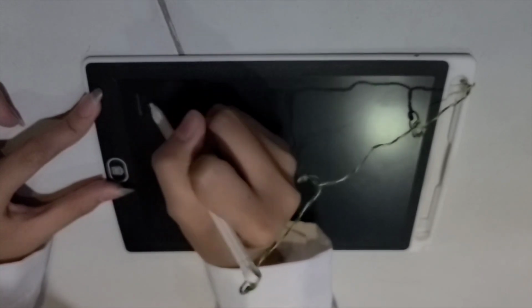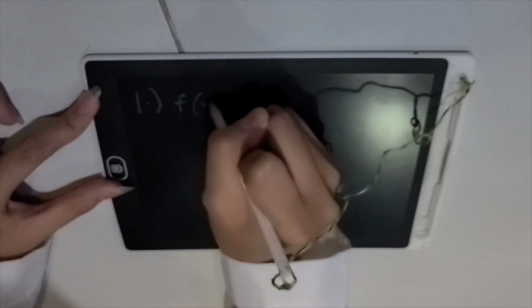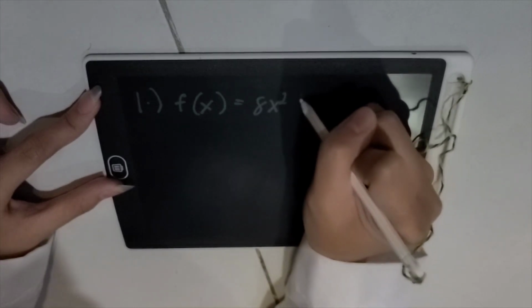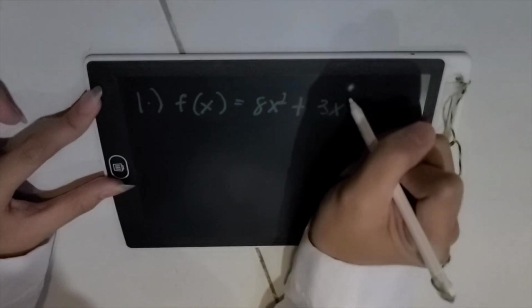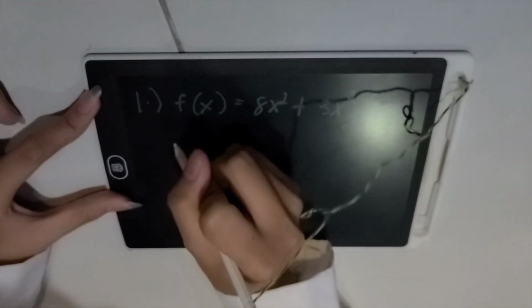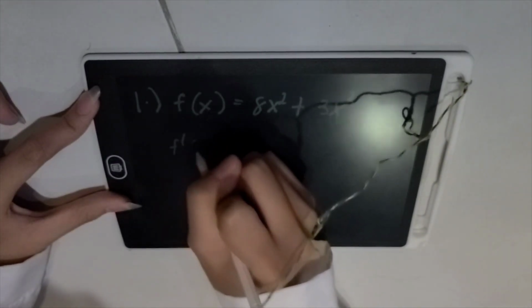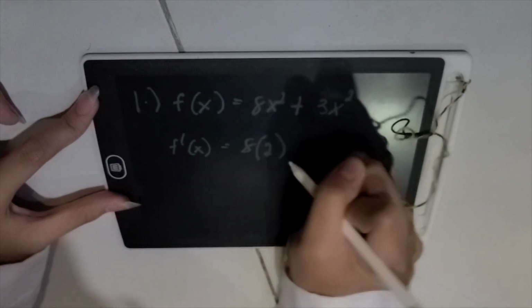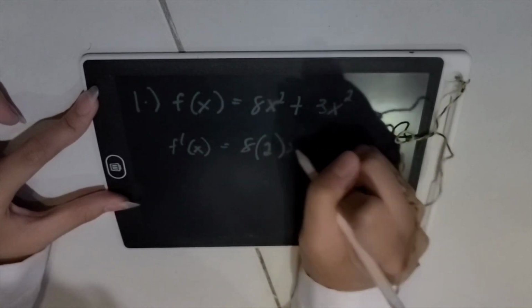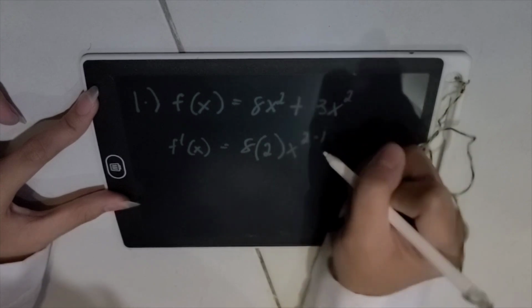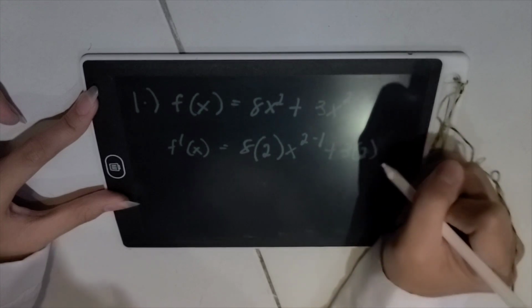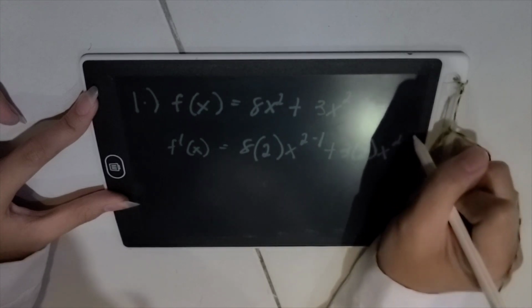So, moving on to power rule, our first example is f of x equals 8x squared plus 3x squared. Rewrite na. So, 8, 2, bababa dito. x raised to 2 minus 1 plus 3 times 2 x raised to 2 minus 1.